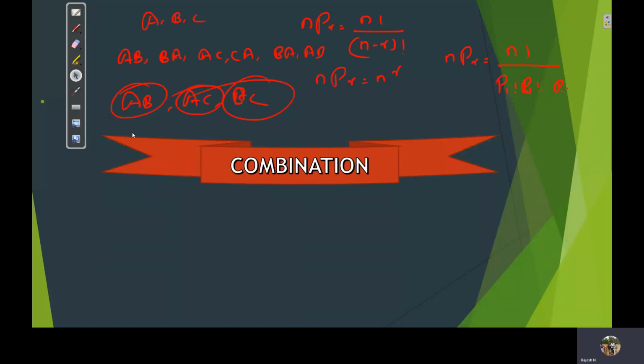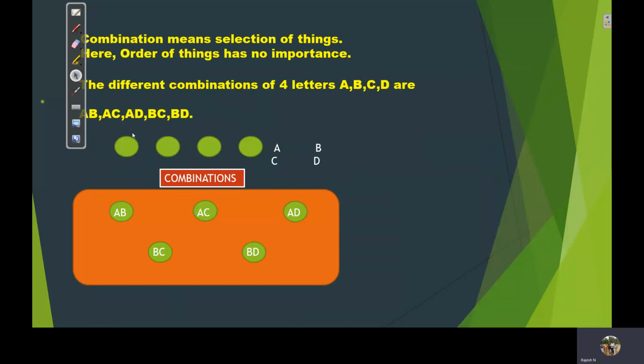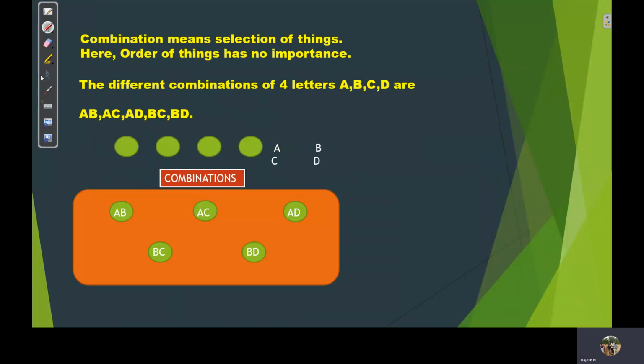So combination is a selection of things. Order of things has no importance. You see, A, B, C, D are there. So two at a time means AB, AC, AD, BC, BD. In the same way, three items I have already told them. So this is called the word combination.